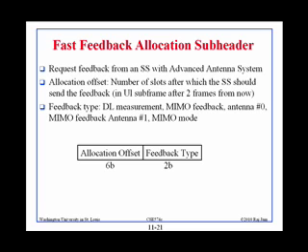So allocation offset tells what is the number of slots after which the SS should send the feedback, and then feedback type is downlink measurement, MIMO feedback, antenna number 0 MIMO feedback, antenna number 1 MIMO feedback, and so on. Okay, so there are many different kinds of feedback that could be there.